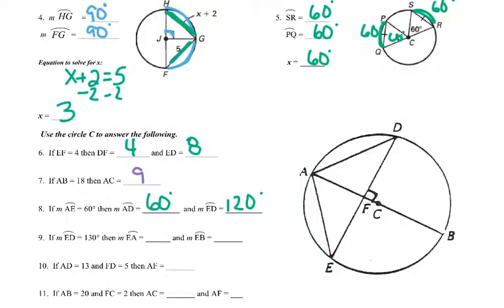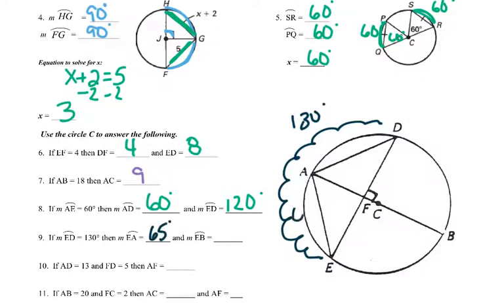The next one here, E to D is 130, so that's like this whole entire thing is 130. So then E to A is going to be 65, just 130 divided by 2. And then E to B is going to be 115, and I got that doing 180 minus 65, because it was a semicircle.